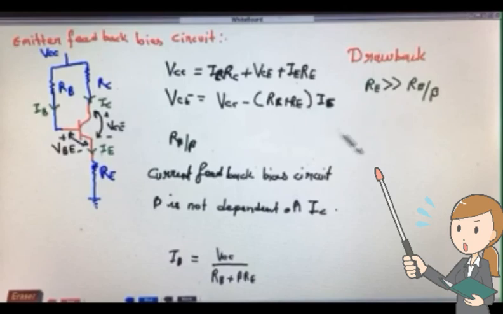This can be achieved if RE is a very high value resistance, and also in another case RB should be very small.